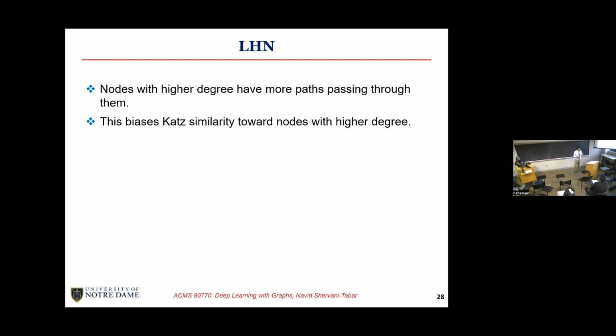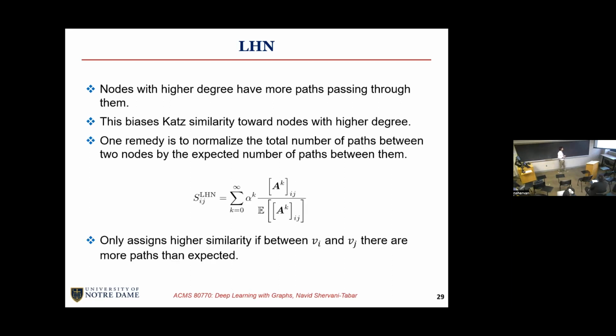But if they are participating in as many paths as we were expecting, then they won't get as high a score. So we want to normalize this measure by the total number of expected paths that go through this, right?